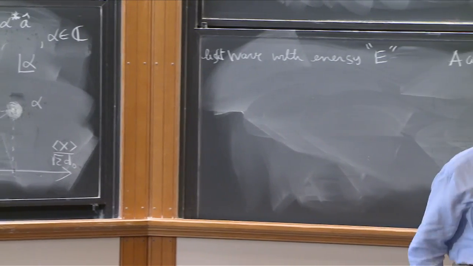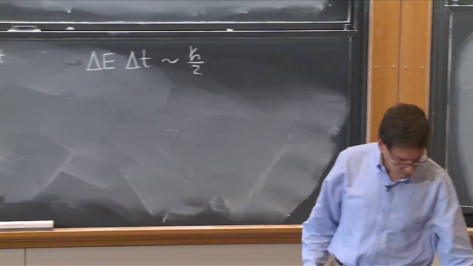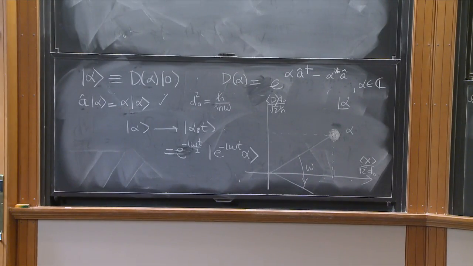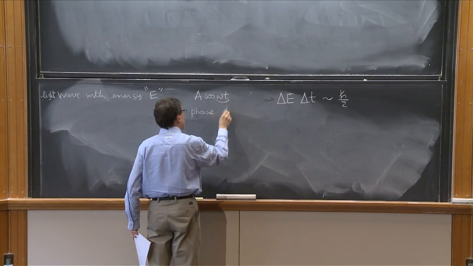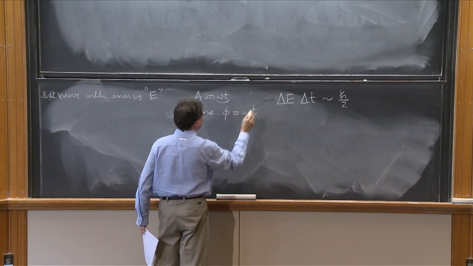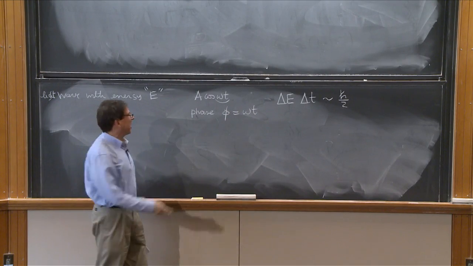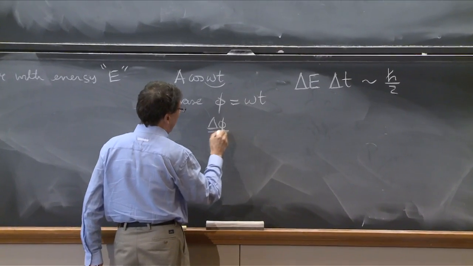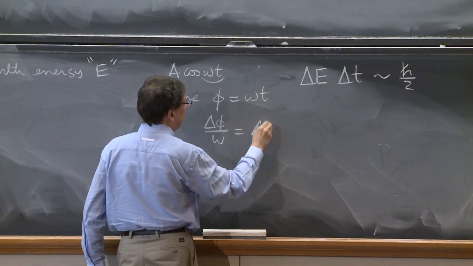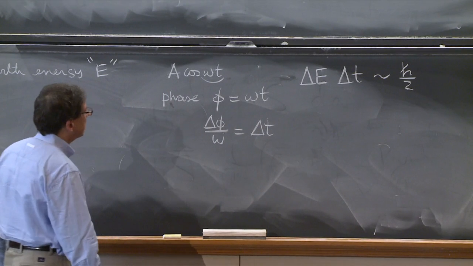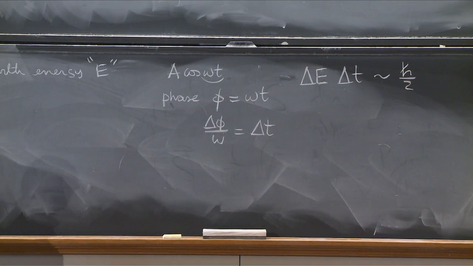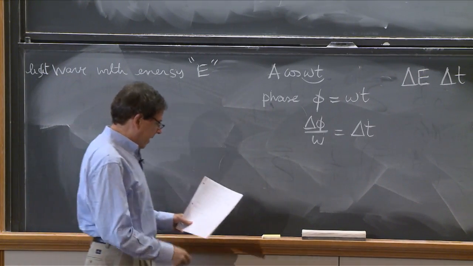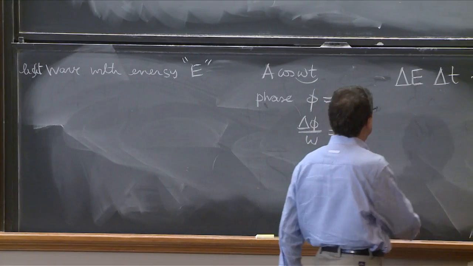So if you have this wave, the phase of this wave, we'll call it phi, is omega t. And if we are naive, the error in the phase divided by omega is the error in time. Now, this wave has energy E. It has some number of photons.